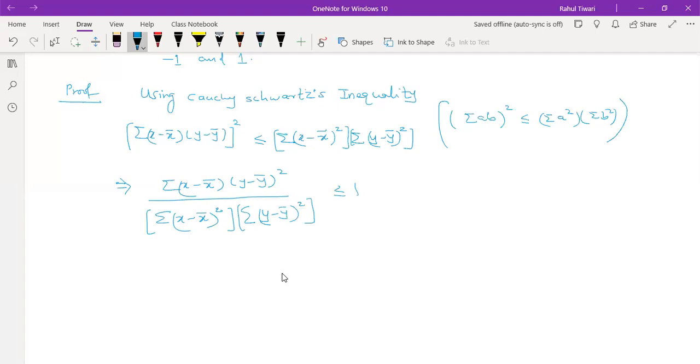Right? I have taken everything, right hand side, left hand side. Now, can I divide by n here?